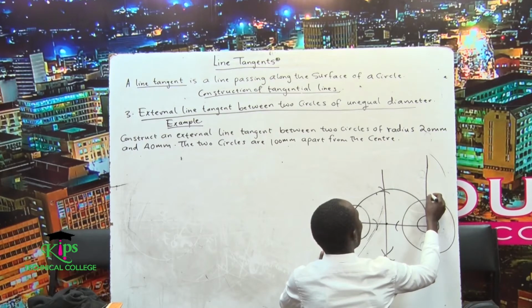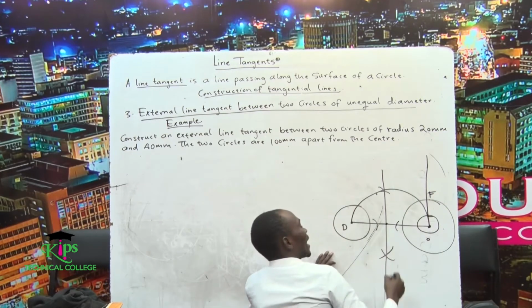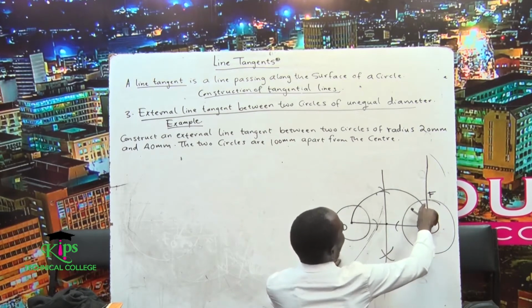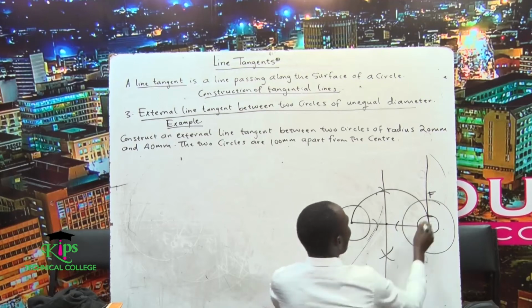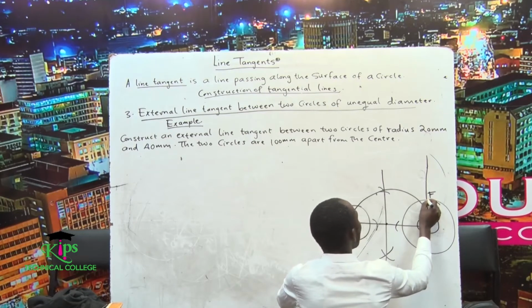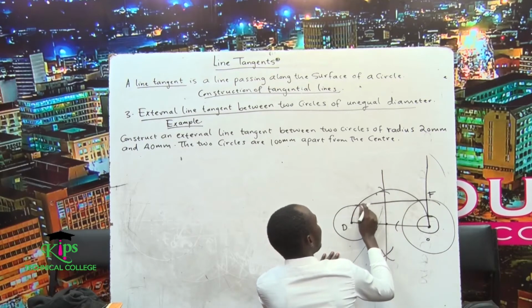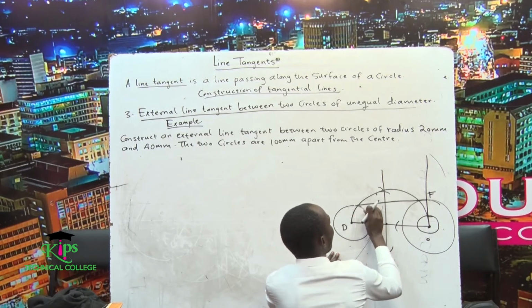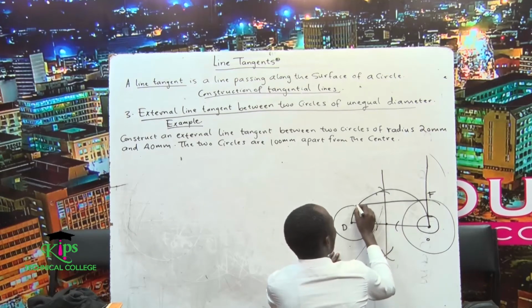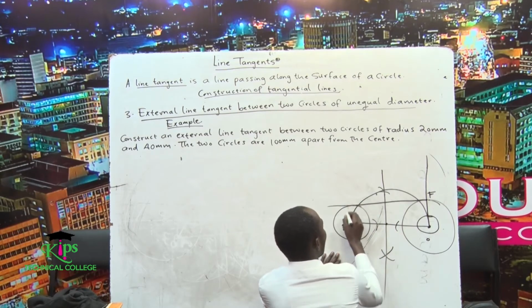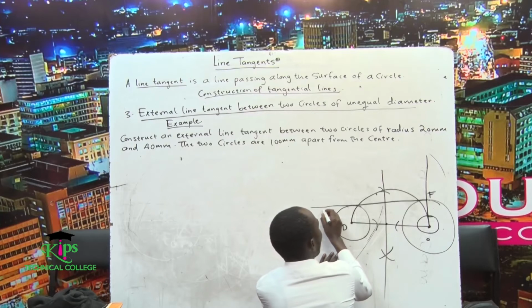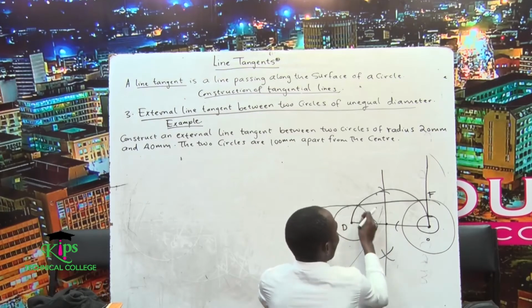We can call it point F. Point F is the line that we are interested in. So you will join point F to point D. That is how you will extend the line.